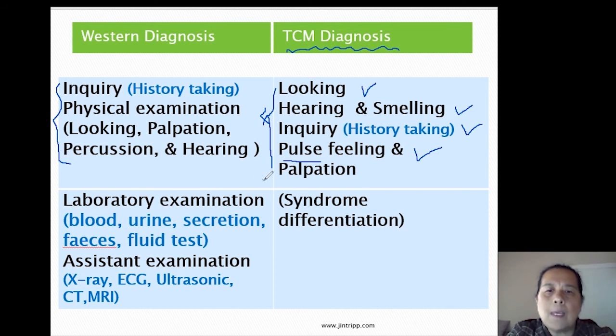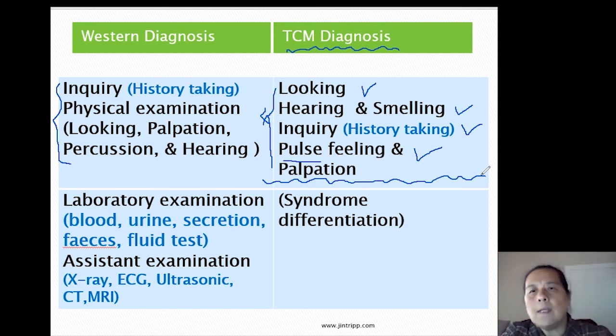That's mainly the first part of TCM diagnosis. Generally, we pick up the information from the patient, from looking, from hearing, from asking questions, from palpation, mainly for the pulse.